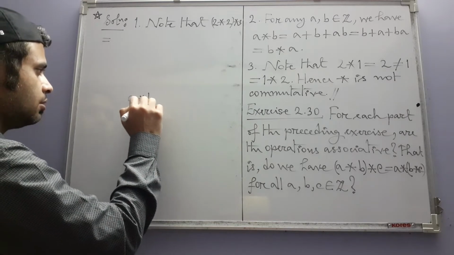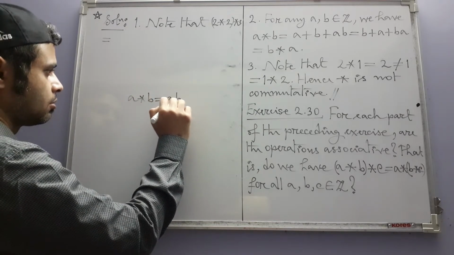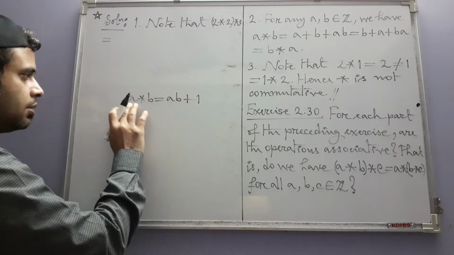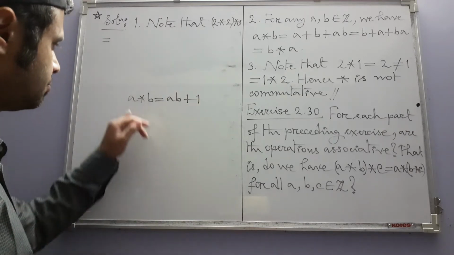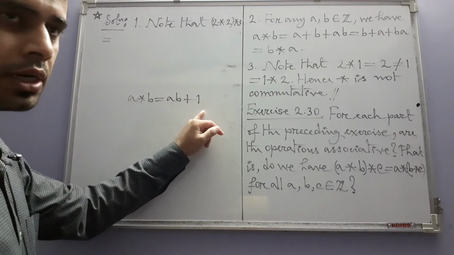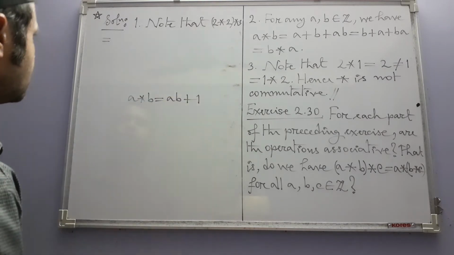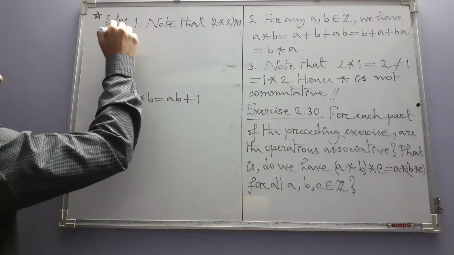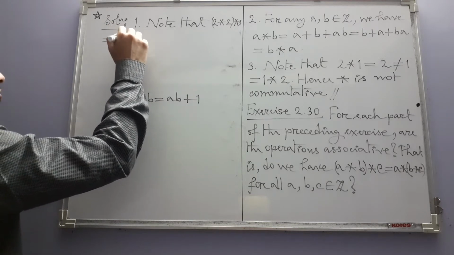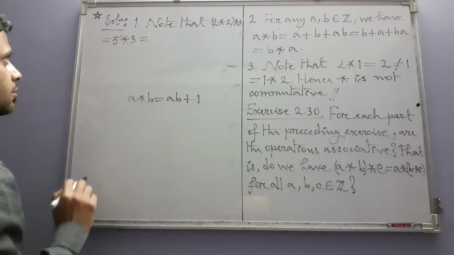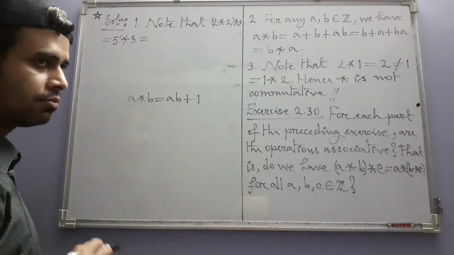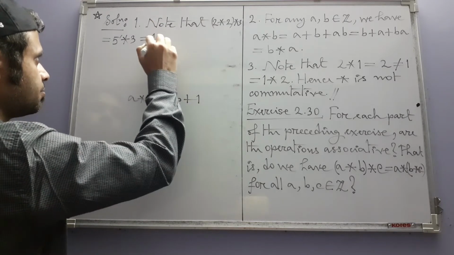A star B is AB plus 1. We multiply the two numbers and add 1 to them. So 2 times 2 is 4, 4 plus 1 is 5. So just like that, 3 times 5 is 15, 15 plus 1 is 16.